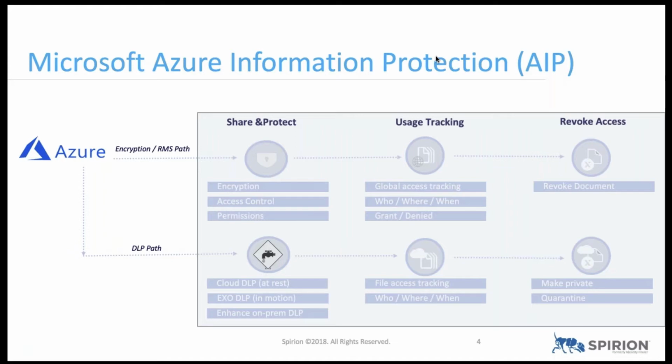And Rob, help me out here and jump in if I say something incorrectly. But the primary difference is that AIP is Azure Information Protection, and as the name suggests, it works within the Azure environment. So it is necessary to have that environment as part of your setup, and it only works within the Azure environment, AIP that is. And that's where MIP comes into play, Microsoft Information Protection.